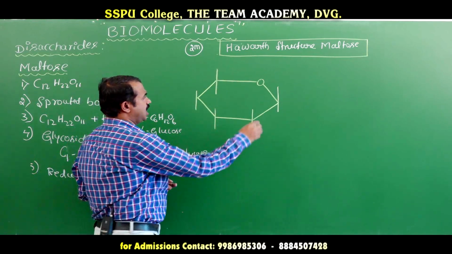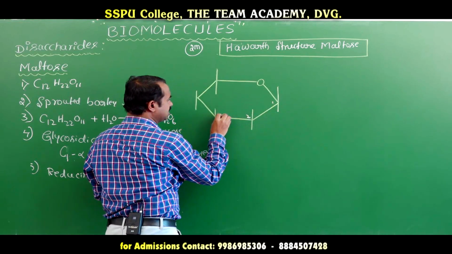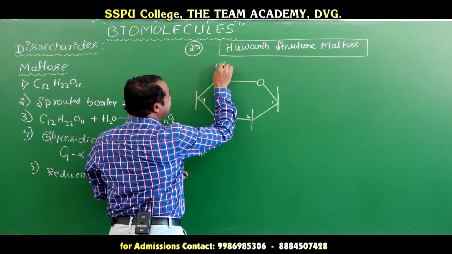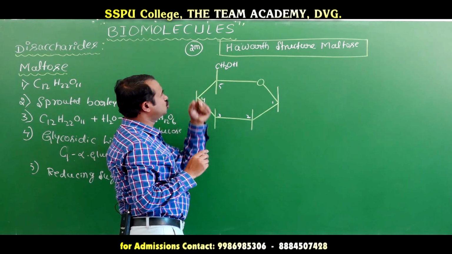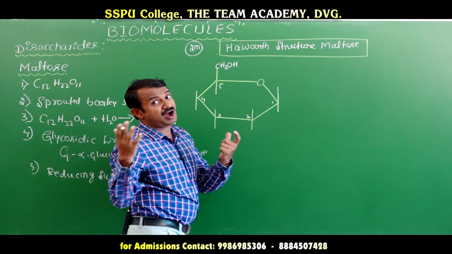The numbering is C1 carbon, C2, C3, C4, C5, and here CH2OH. This is alpha glucose.